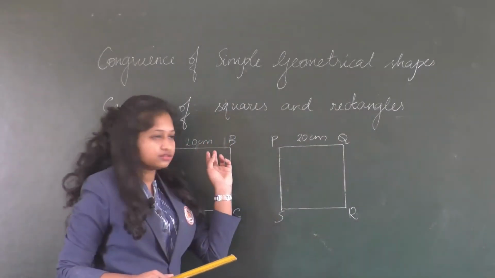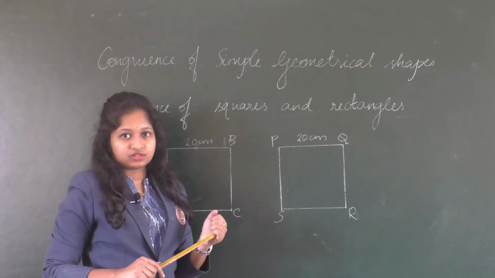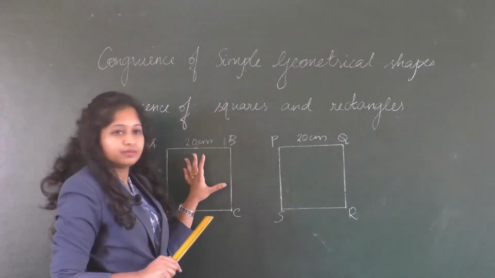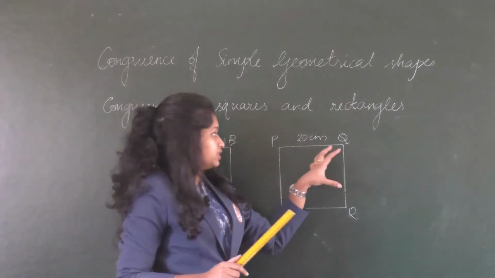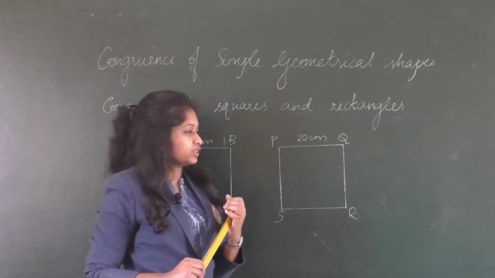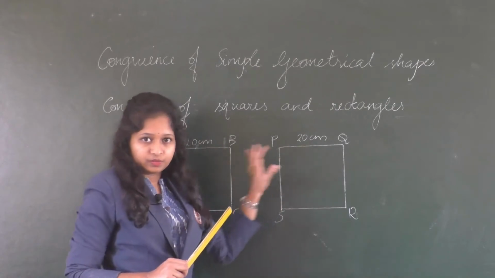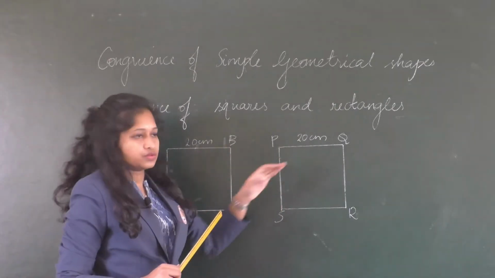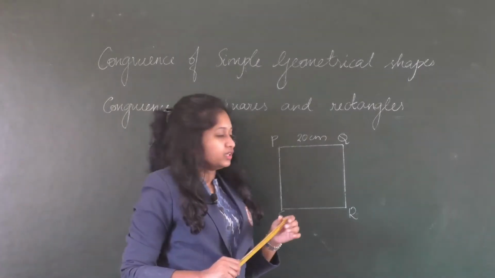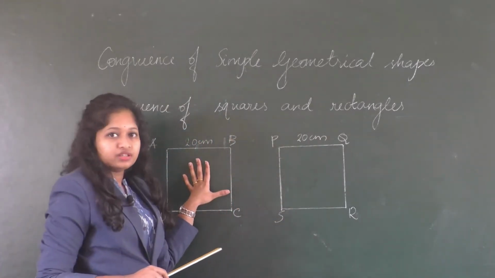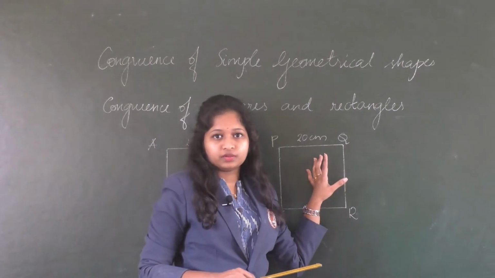Here the length is 20 centimeter. Okay, so same type of square PQRS with length 20 centimeter is drawn here. So the shape is same and the size is also same, that is 20 centimeter. That means this square is congruent to this square.